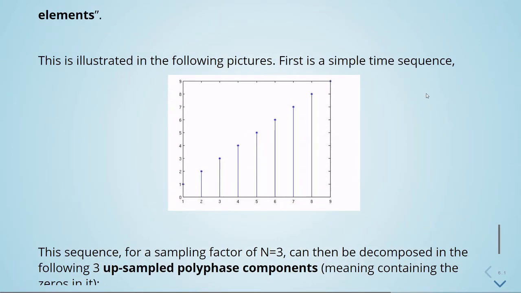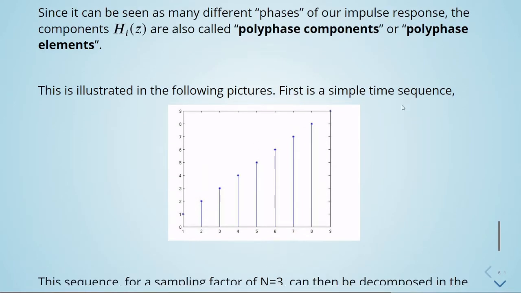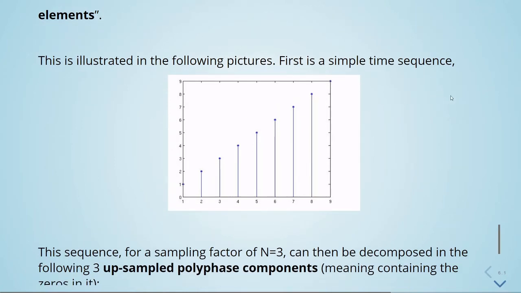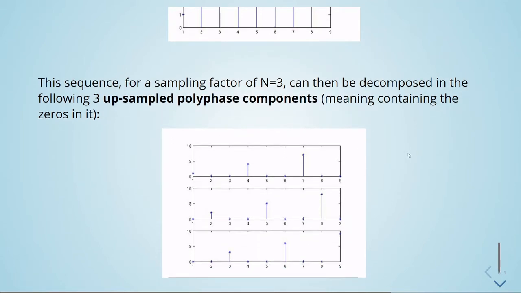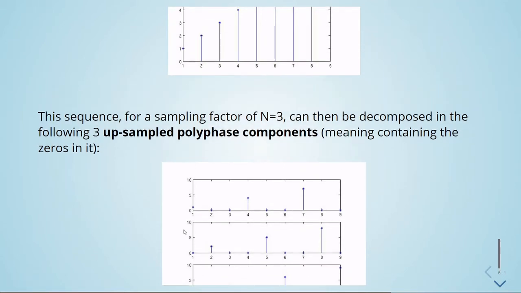This is just as an illustration. We see a simple time sequence, and then the sequence for a sampling factor of N equals 3 that will be decomposed into 3 upsampled polyphase components. First we're taking 1, 4, 7, and we have zeros in between.